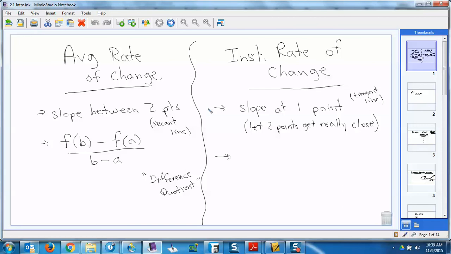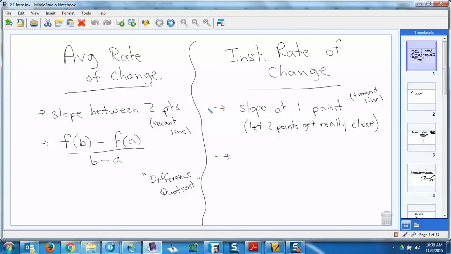But it's still average rate of change. If you do slope between 2 points, you're still doing average rate of change, okay? But if you pick those 2 points really close together, you're getting a good approximation of instantaneous rate of change.